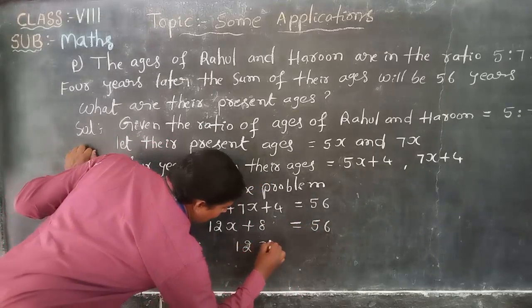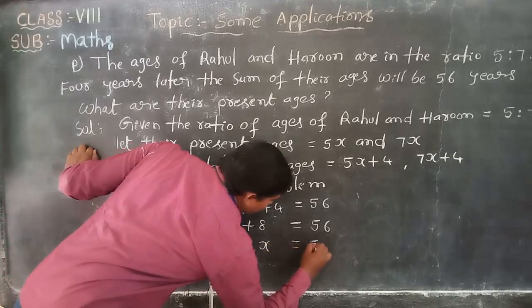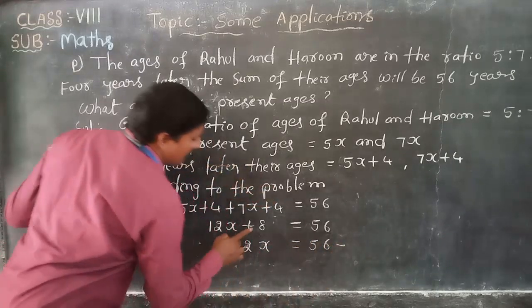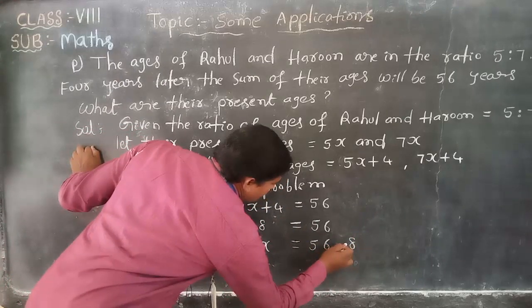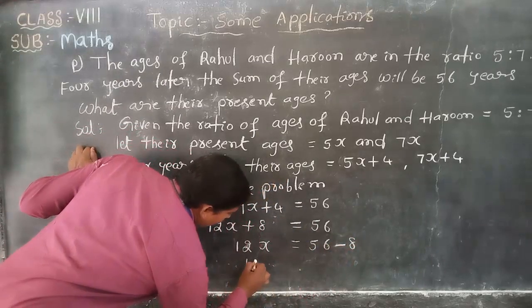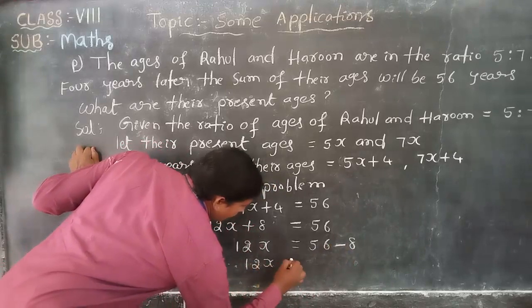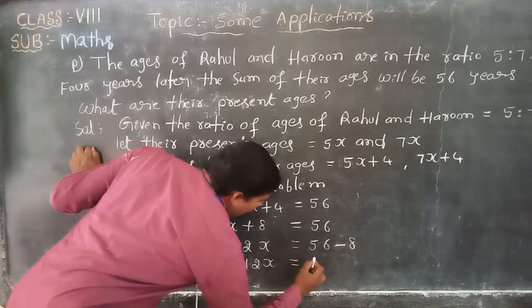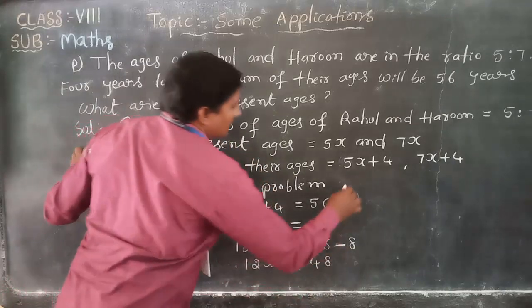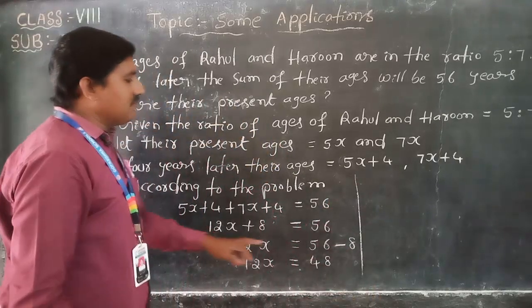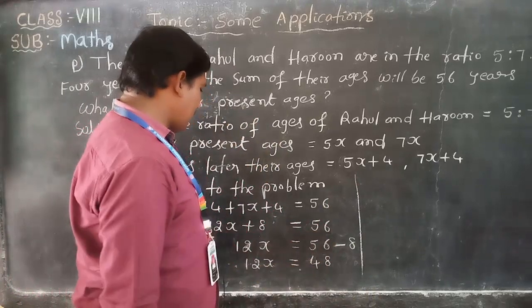12x is equal to 56 minus 8, because plus value is going means minus. 12x is equal to 56 minus 8, 48.